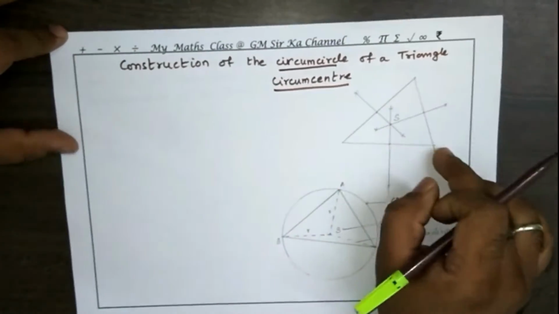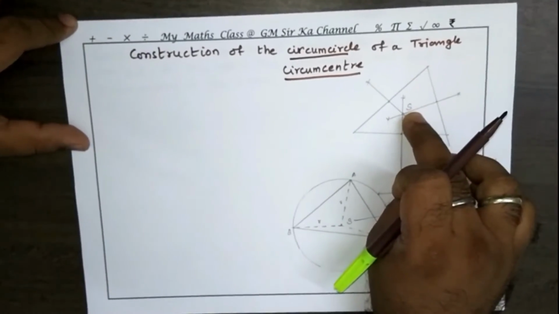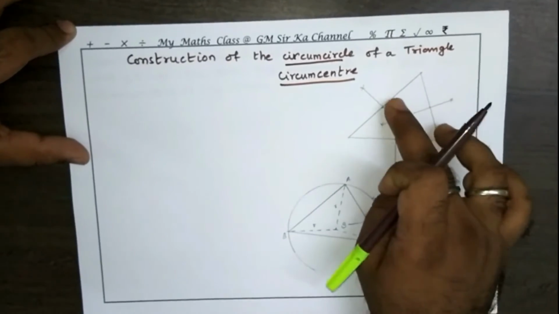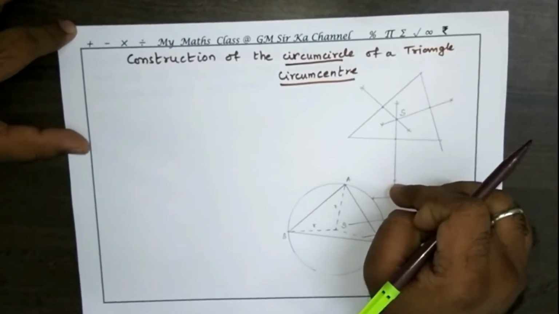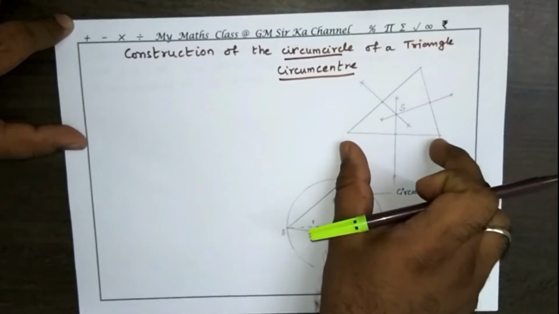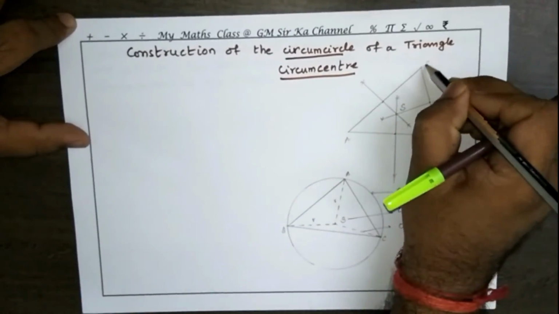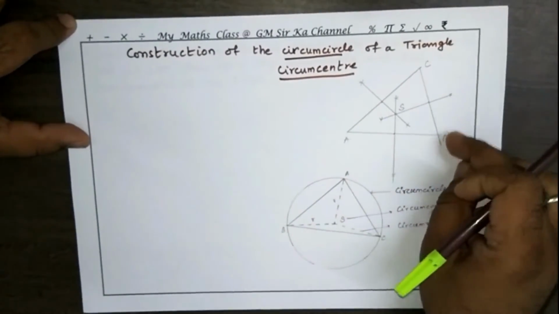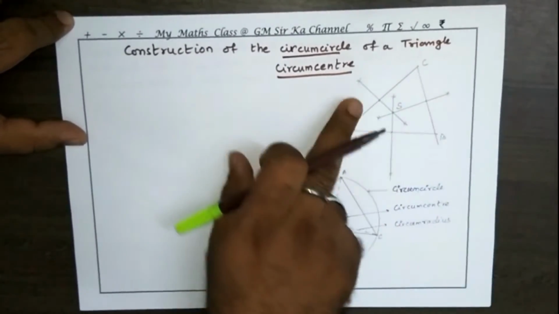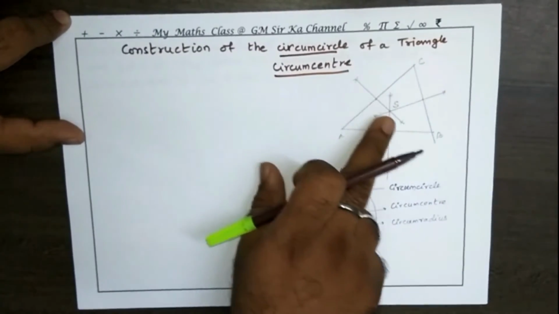A triangle is drawn in which you can see the point S, which is the point of intersection of three perpendicular bisectors of the sides of the triangle. So this is one perpendicular bisector of side AB, and the third vertex is C, and on side BC you can see one more perpendicular bisector, and one more on the third side.